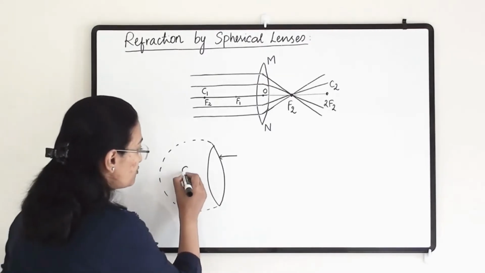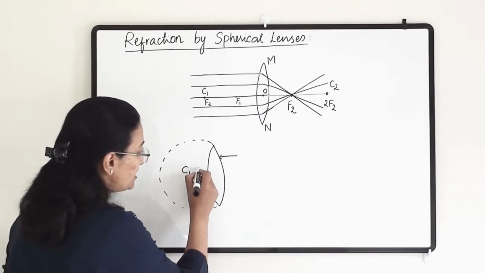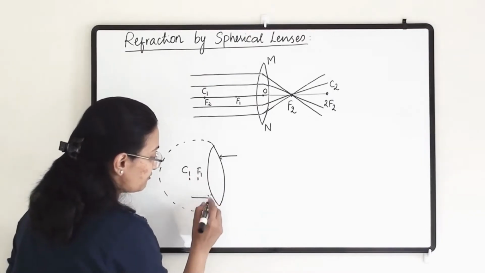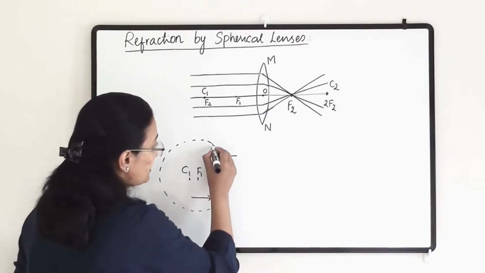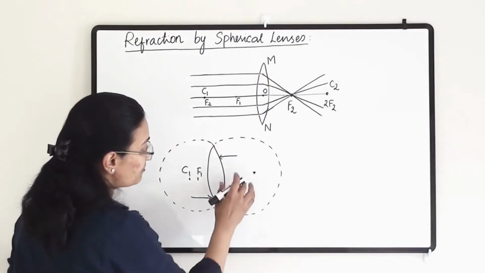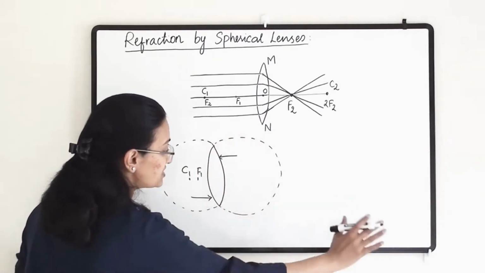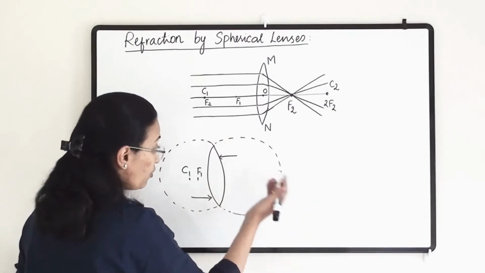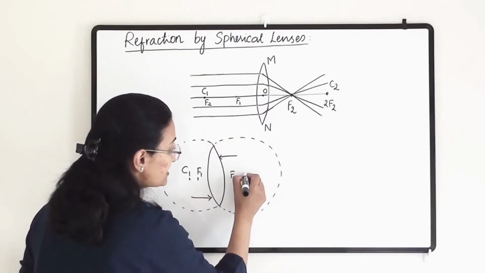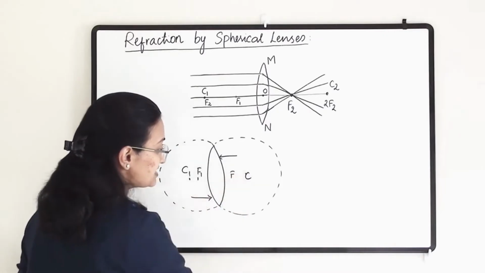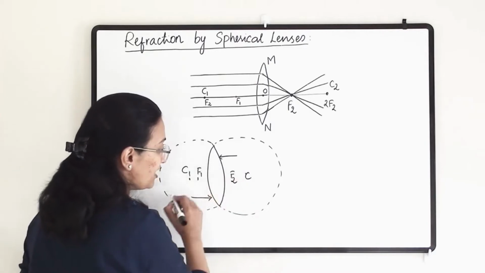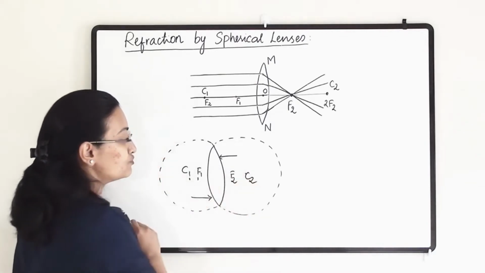So this is going to be C1 and this is going to be F1. Similarly, this other surface of the lens is a part of a sphere which lies towards the right-hand side. So it also has a focus point and a center of curvature, and we name this F and C as F2 and C2.